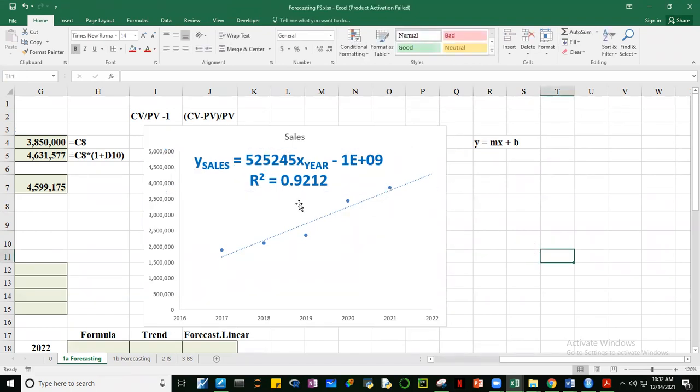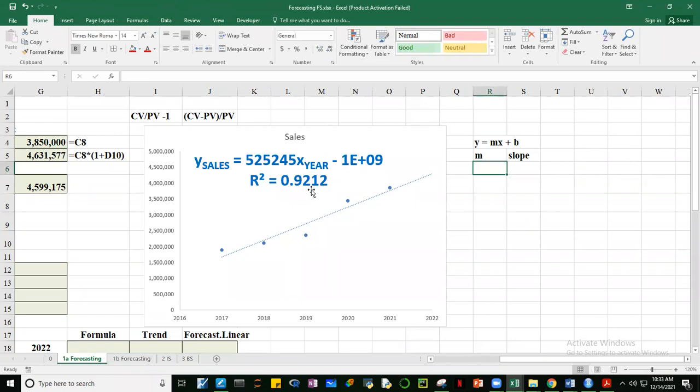Okay, very quickly, guys, anong ibig sabihin nito? Basing it on this equation, y is equal to mx plus b. This 525,245 is your slope, m. And it has a meaning, guys.